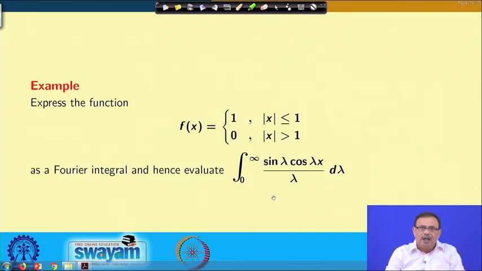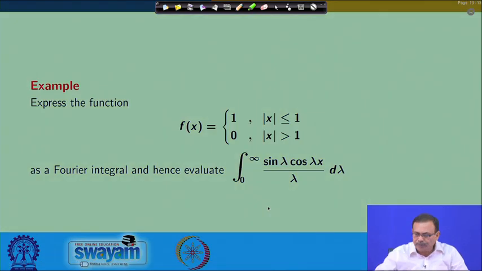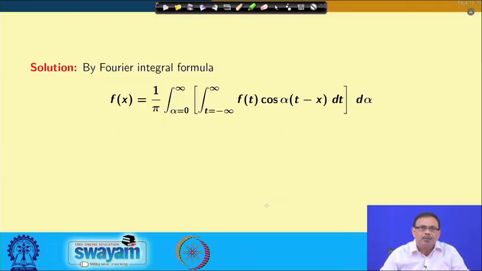Just see that we express f(x) equal to this as a Fourier integral, and hence evaluate the given integral. Initially, the Fourier integral formula is this one: f(x) equals 1/π ∫ for alpha from 0 to infinity, ∫ for t from minus infinity to infinity of f(t) cos(α(t − x)) dt dα.